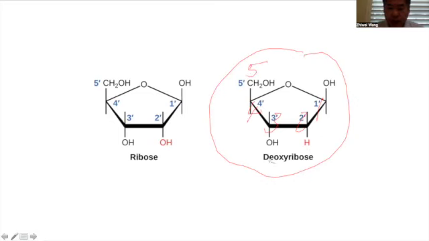It's deoxy, the D meaning it's lacking something, because it is missing the hydroxyl group that is present in RNA. So RNA has ribose, and DNA has deoxyribose. The carbon 2 position doesn't have that hydroxyl group.